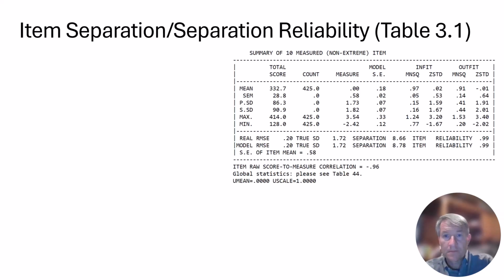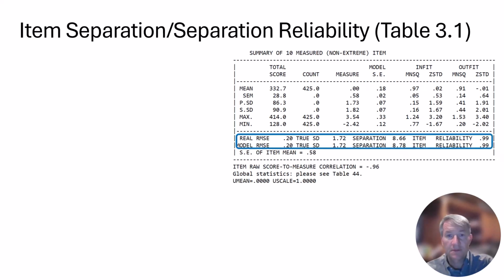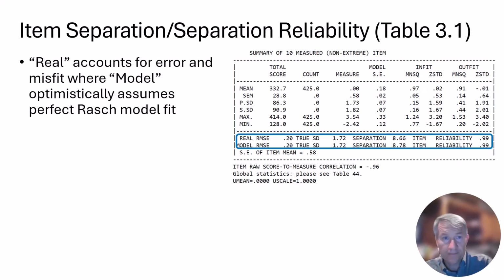Now let's use some of these ideas in interpreting Winsteps output from our current transitive reasoning example. Here is a screenshot, partial output from table 3.1 from Winsteps. Notice that there are item separation and item separation reliability values at the bottom of that table.